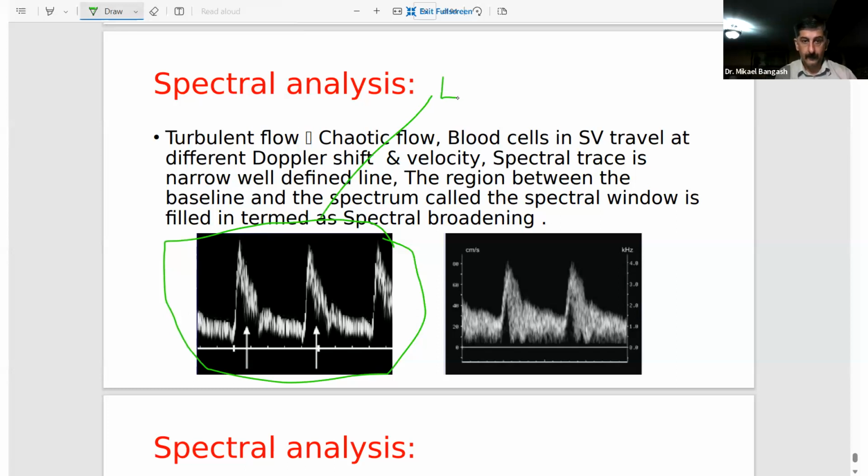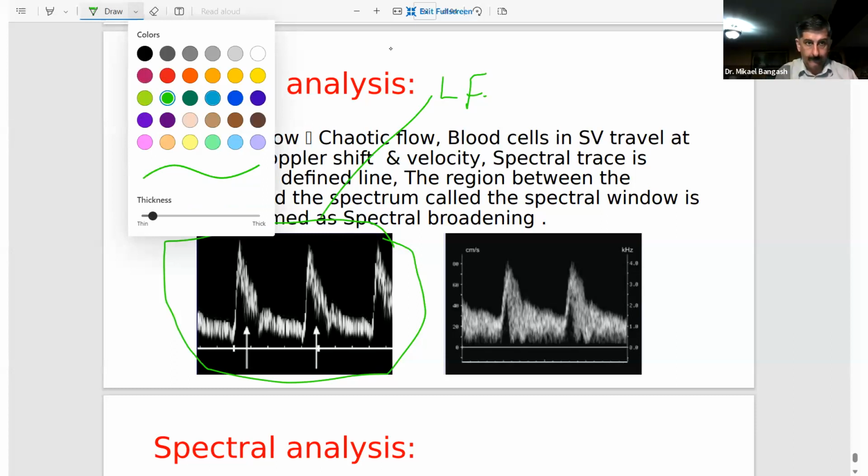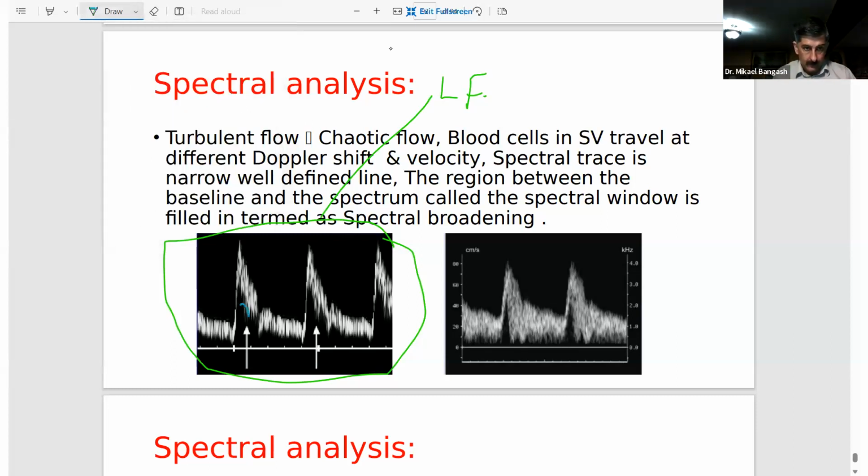That is a laminar flow. And what we can see here, this area here, is what is called the spectral window.